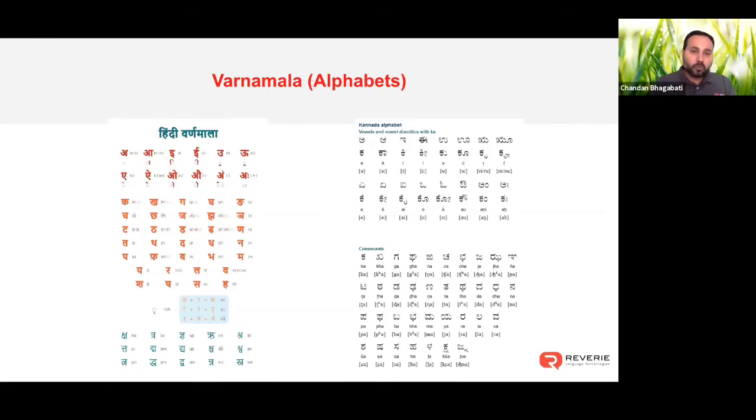While adding a matra to a consonant, it modifies the sound of that consonant. For each vowel, there is a dependent form, and if you put it after any consonant, it will modify the sound of that consonant, and that refers to the Barakhadi.